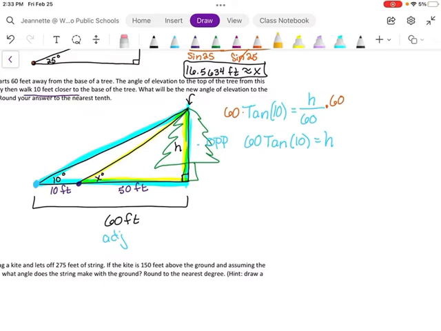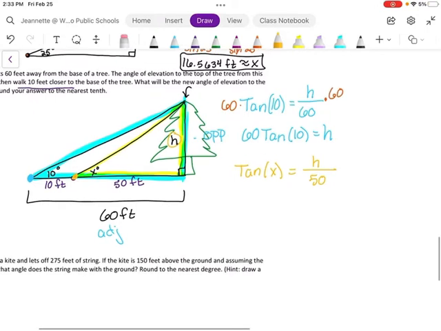Now we're going to move on to our yellow triangle. And we're going to write another equation using that h over here, which is the opposite side. So this one, we're going to do tangent of x, because that's what we're looking for, equals h over 50, because that's the length of the yellow triangle base.